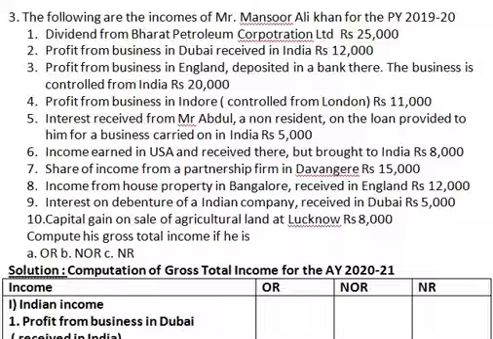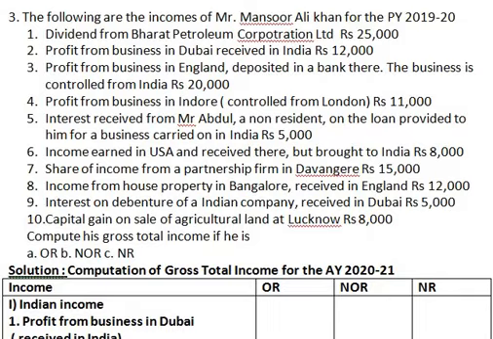Share of income from a partnership firm in Davangere, rupees 15,000. Income from house property in Bangalore received in England, rupees 12,000. Interest on debenture of an Indian company received in Dubai, rupees 5,000. Capital gain on sale of agricultural land at Lucknow, rupees 8,000.